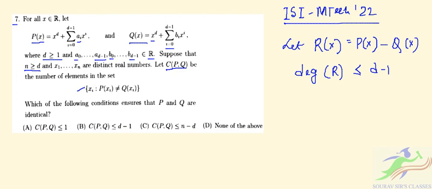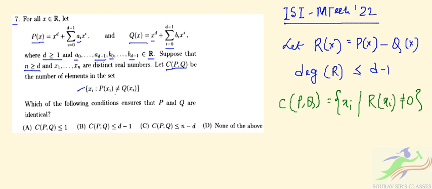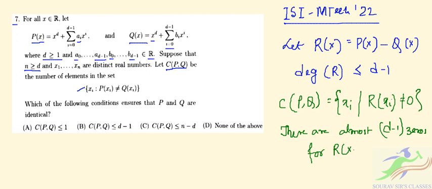So we have c(P,Q), the x_i where R(x_i) is not equal to 0, because we have been given that P is not equal to Q. So R(x_i) is not equal to 0, and there are at most d minus 1 zeros for R(x_i).